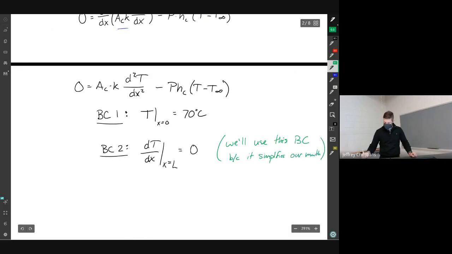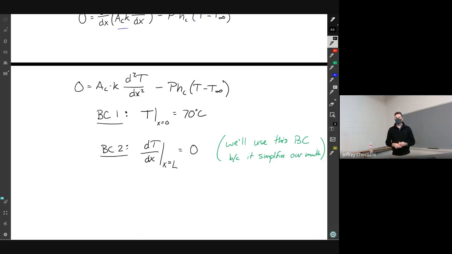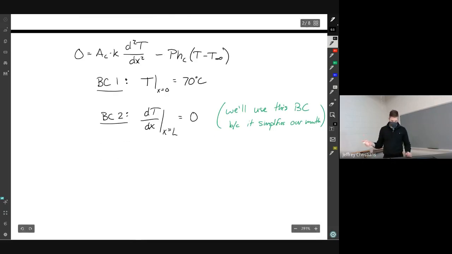Okay, so we use that because it simplifies our math. And as you'll see, the math is ugly enough even with that. So it's worth using it. Okay. So our first step in solving this is we're going to start trying to smash things together and simplify them.